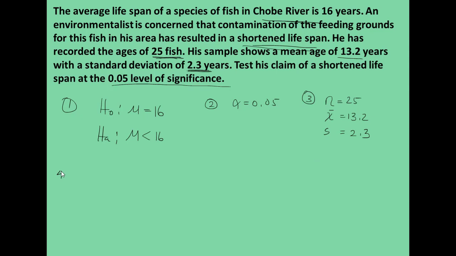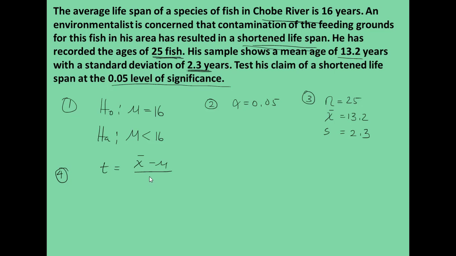Okay, step 4 is to convert the sample statistic into a test statistic. So our formula for the test statistic, it's a t-test, is T equals x bar, which is the mean of the sample, minus mu, the population mean.